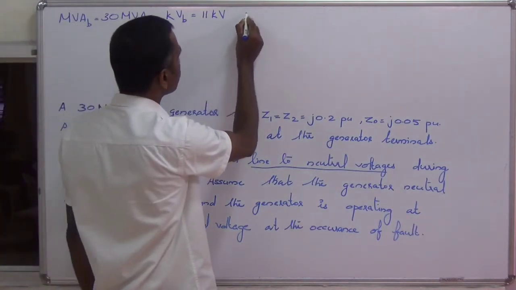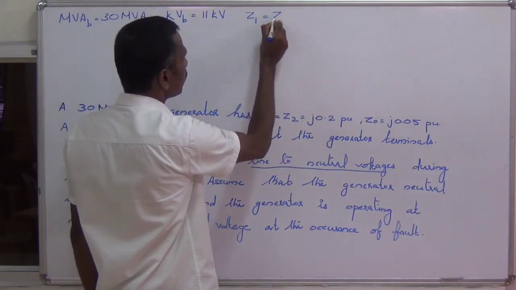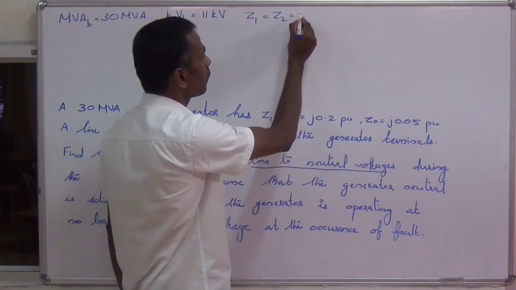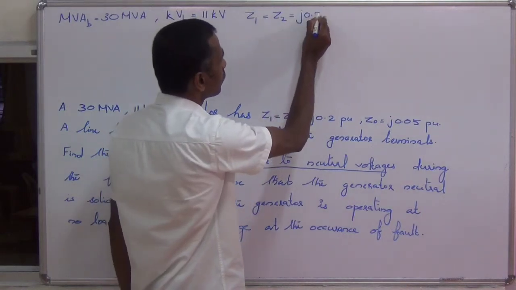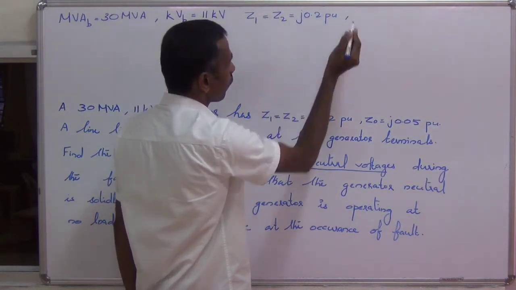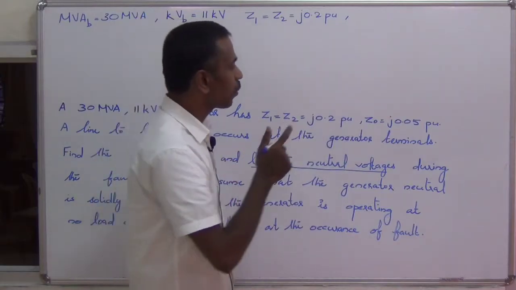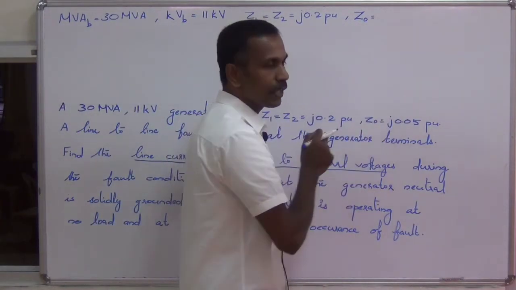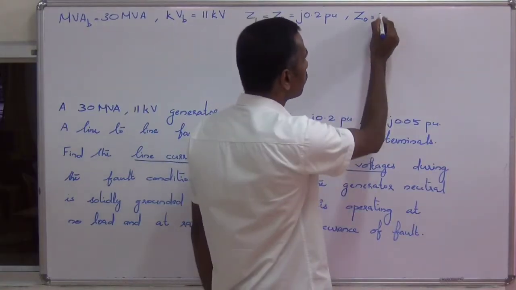Z1 equals Z2 equals j0.2 per unit, and zero sequence impedance equals j0.05.